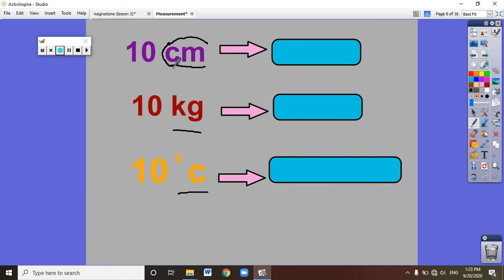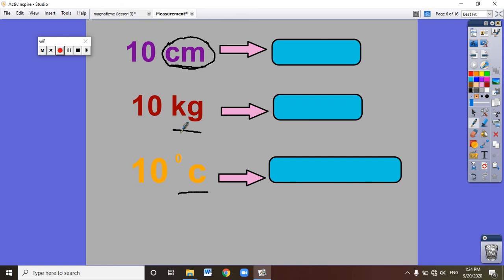If I say this pen is 10 centimeter, I don't need to tell you that I am measuring the length. When I say centimeter, you know that I am measuring length, or mass, or temperature.